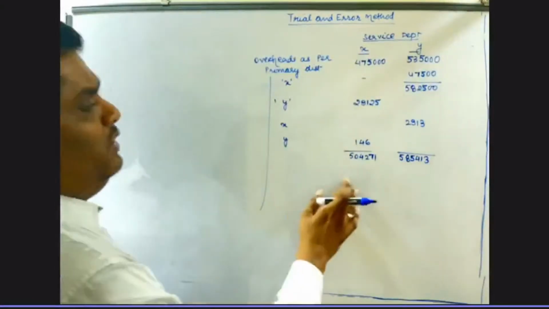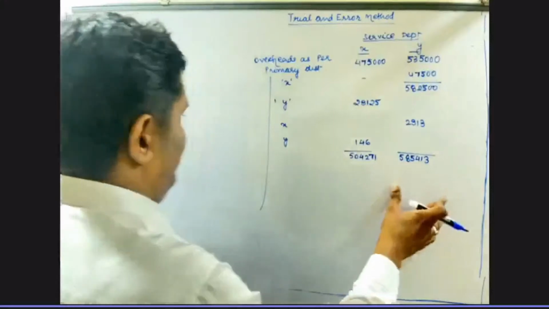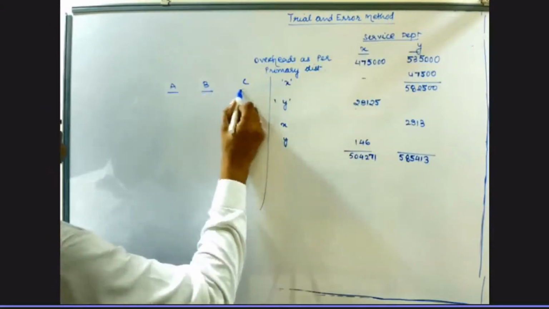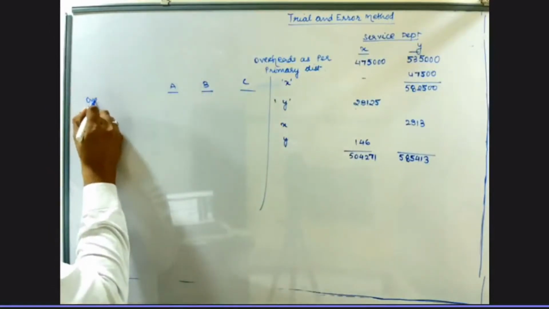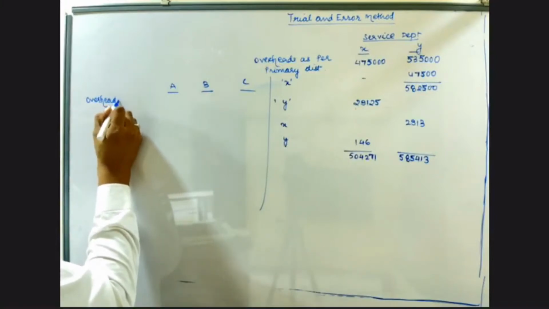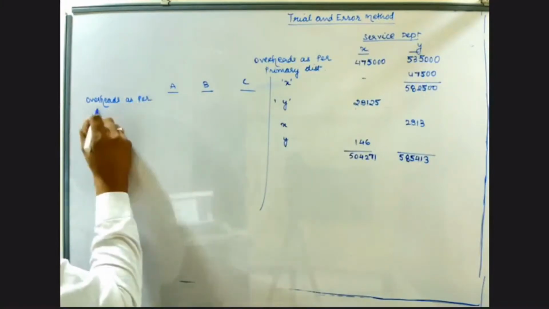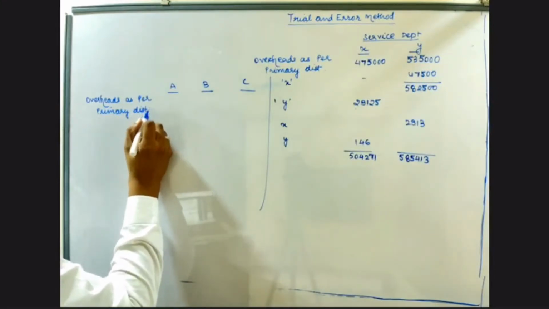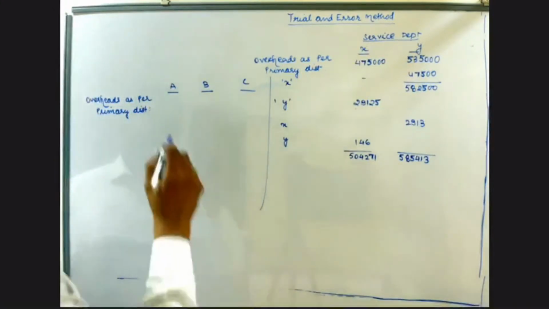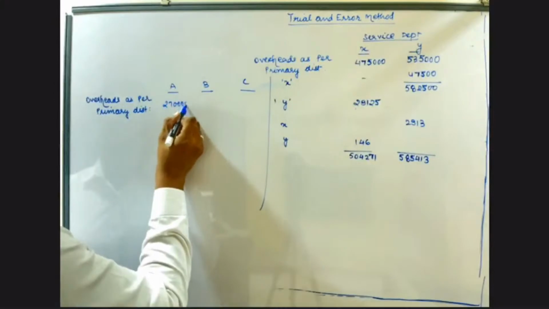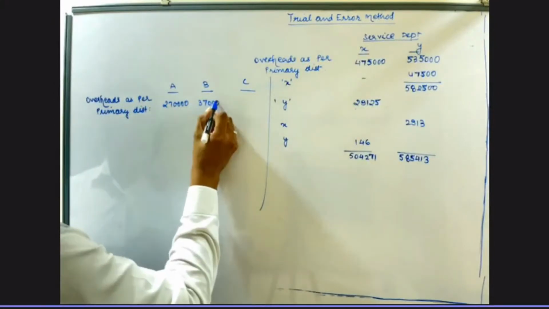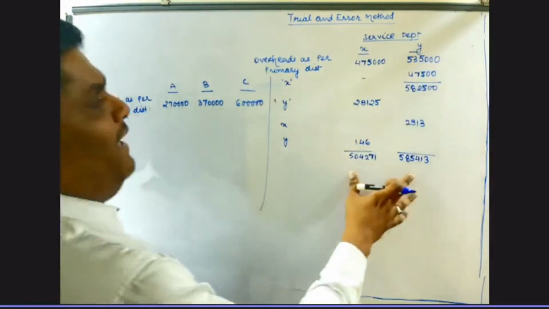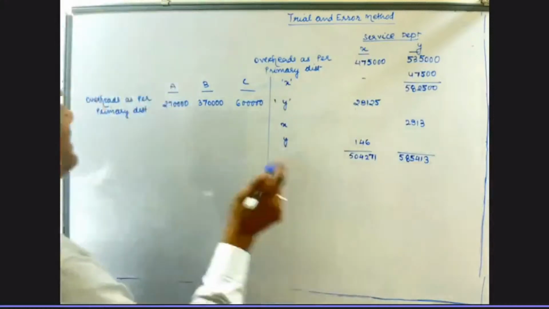Now we will distribute the overheads of the service departments to the three production departments, that is A, B and C. Now we have the overheads as per primary distribution: 2,70,000, 3,70,000 and 6 lakh. Now these are the total overheads of X and Y, so we will distribute them to the various production departments.